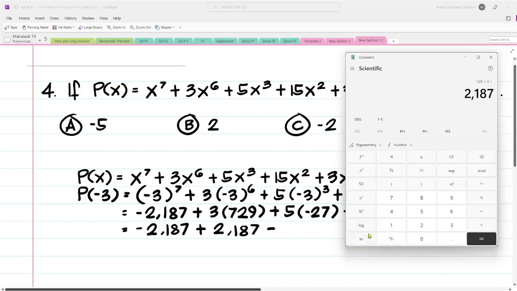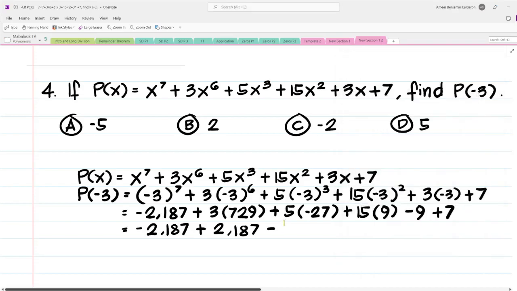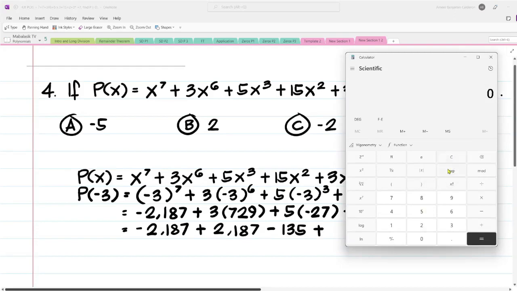So positive times negative is negative. 27 times 5, 135. So 135 plus 15 times 9.